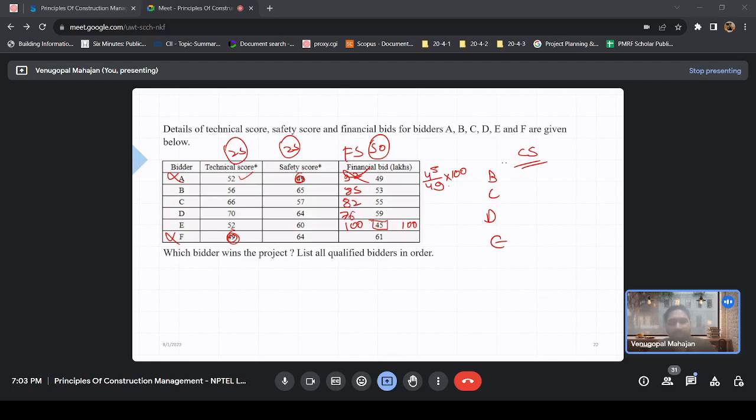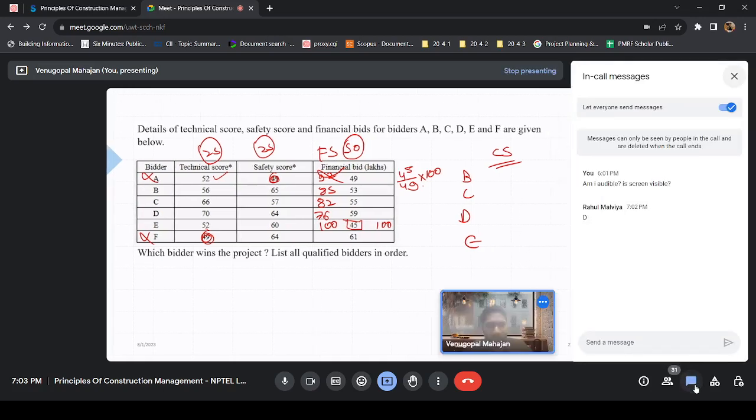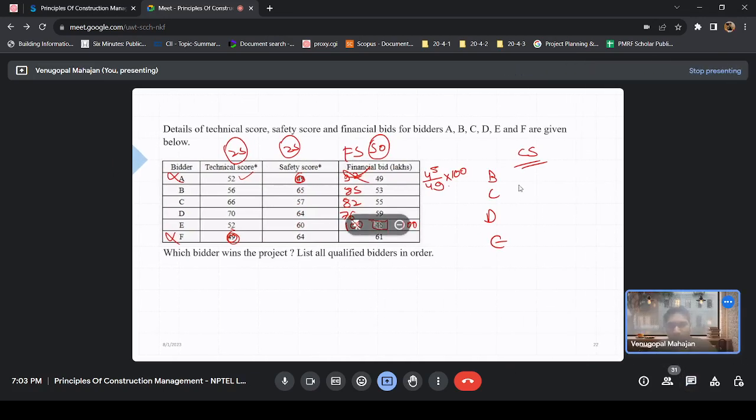Okay. So have you guys calculated any of the composite scores? Yeah, for me it comes out to be 72.75.